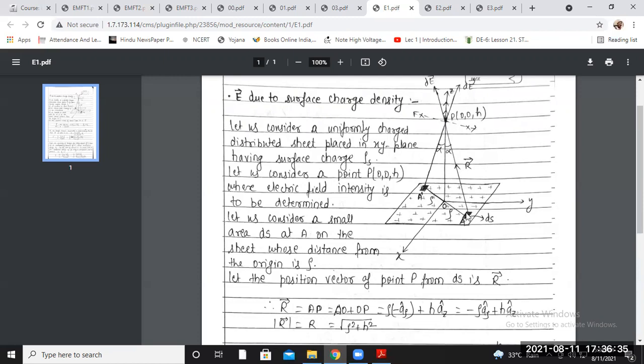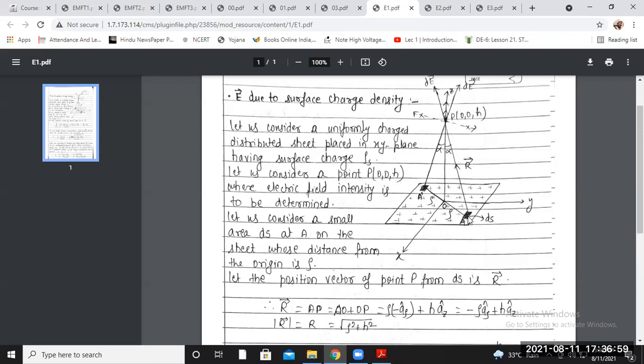You cannot directly go from A to P. Just virtually, we have taken the position vector from point P to the small area dS.